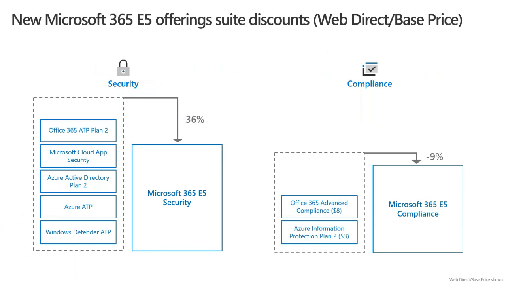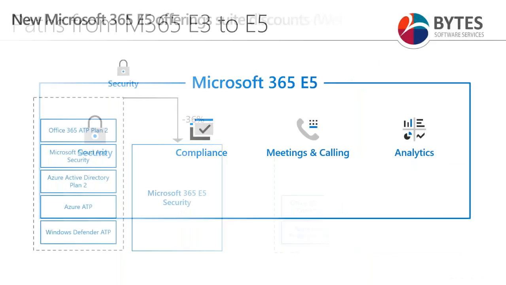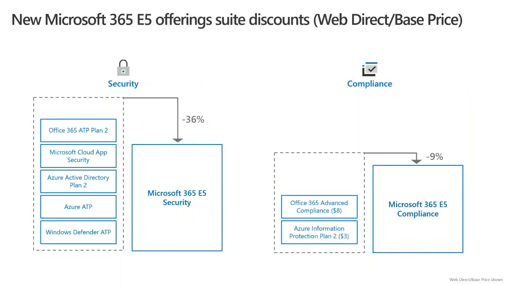So what does this really mean? As I alluded to earlier, if your main strategy right now is to go down that security front and you want to adopt some of those security technologies that Microsoft has in the E5 suites, but you don't want to invest in the full E5 stack across the board, now they've come out with this offering, so they can give you all the security bits and pieces at a nicer, more discounted rate.